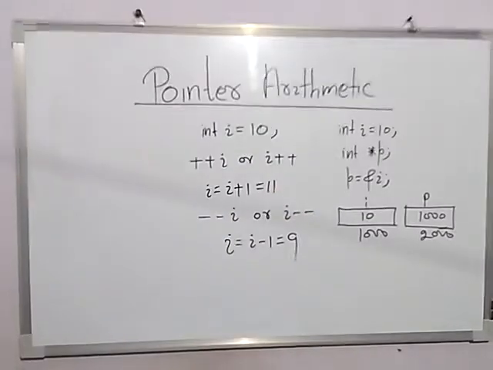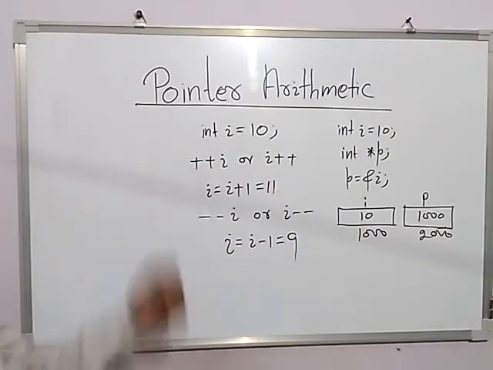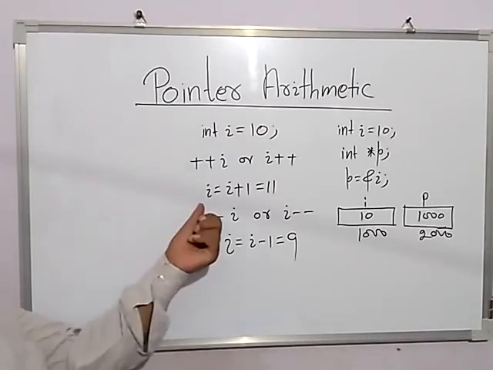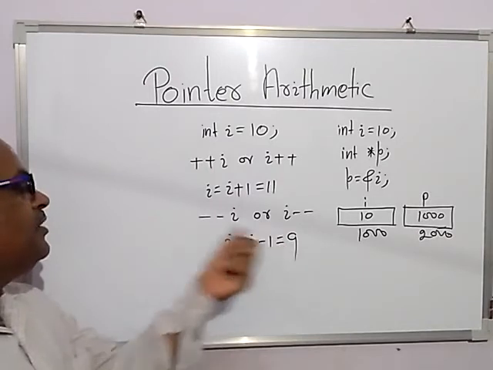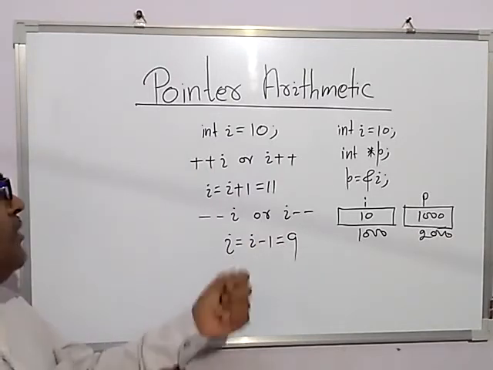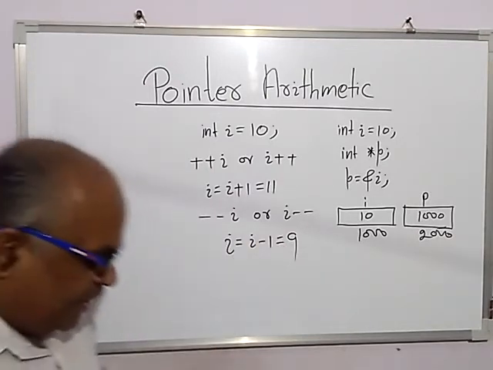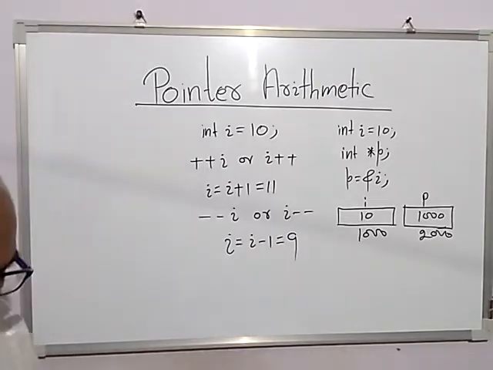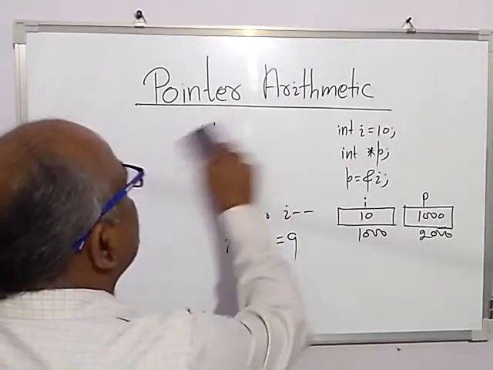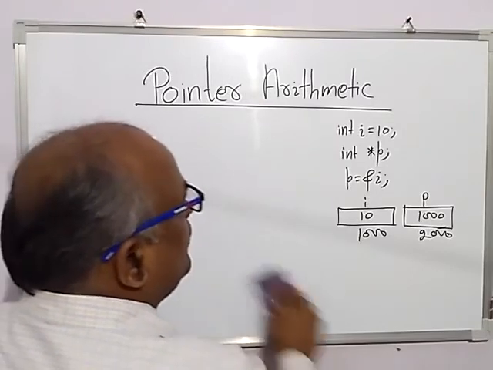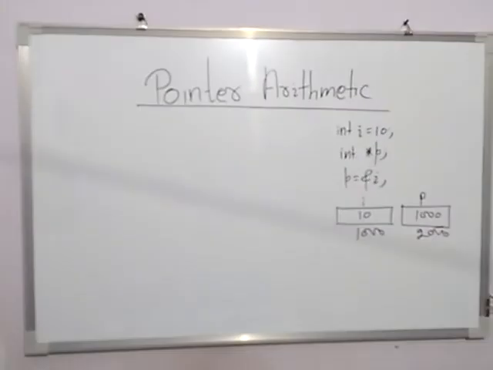Since i is an integer type variable, if you use ++i or i++, then i = i + 1. If you use --i or i--, then i = i - 1 = 9. But in case of a pointer, if you use the increment operator or decrement operator, what will happen?